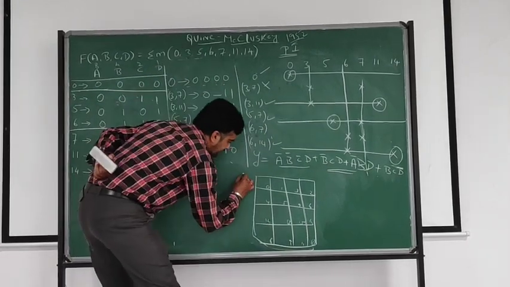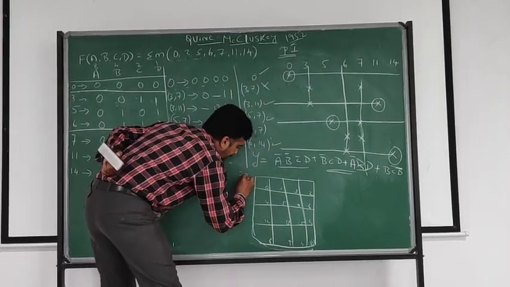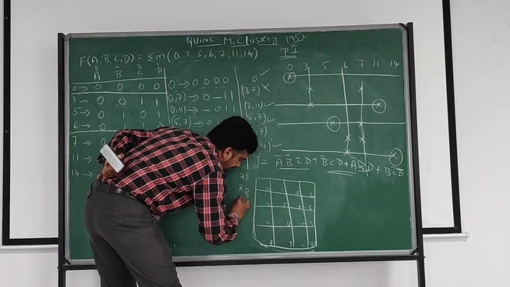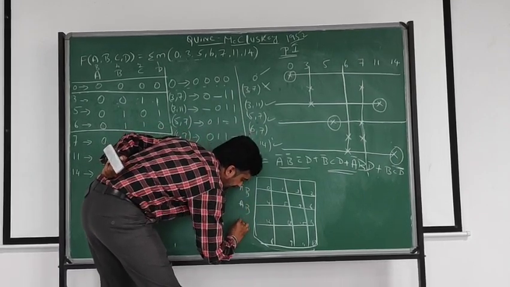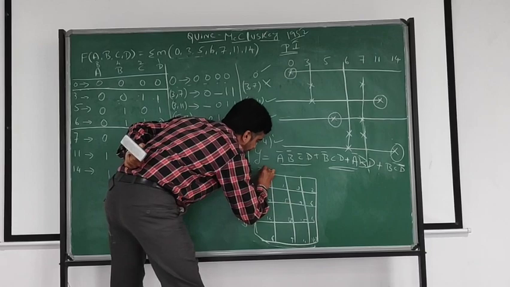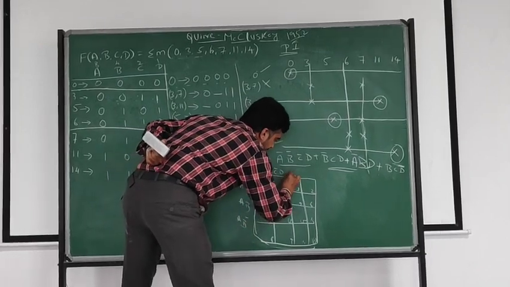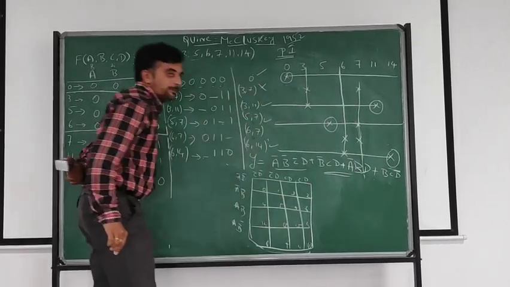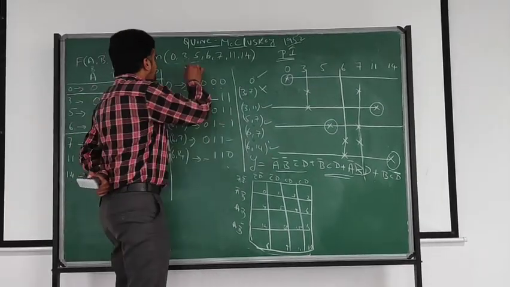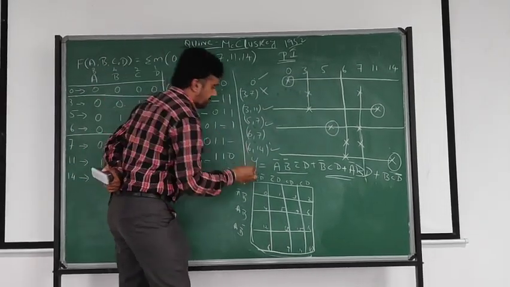Clear? Now write the value expression. A bar B bar, A bar B, A B, A B bar. C bar D bar, C bar D, C D, C D bar. Now I will map the K-map by using this expression.